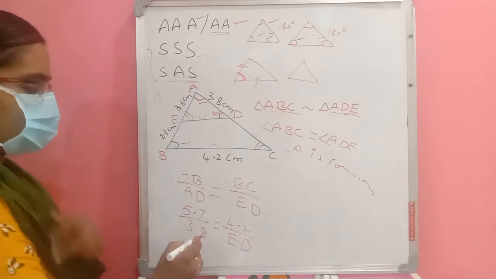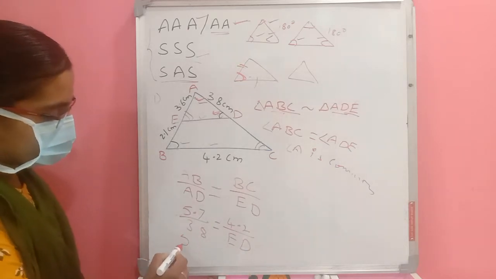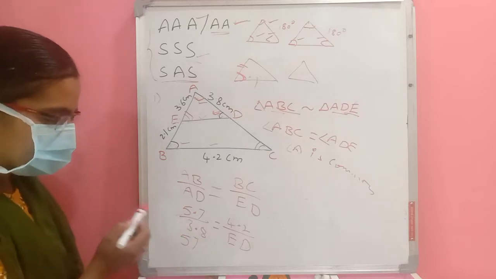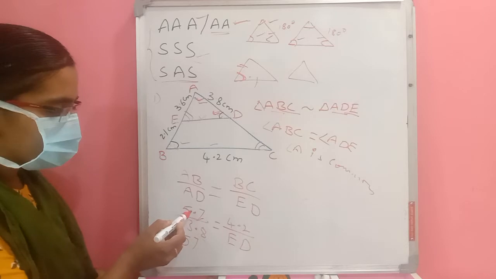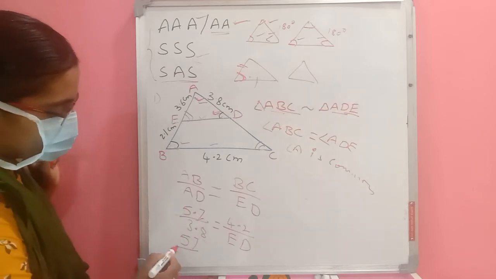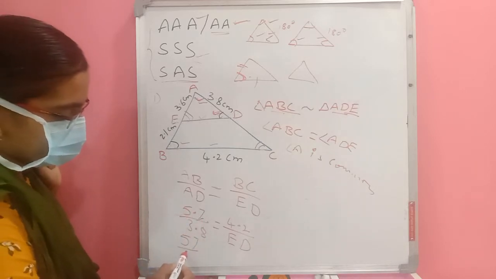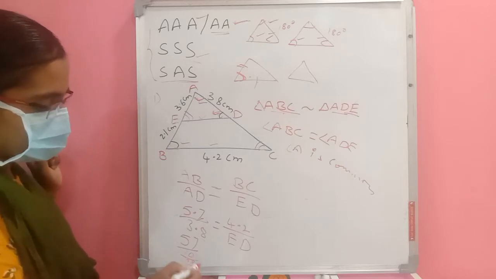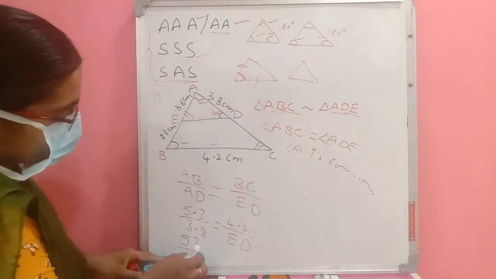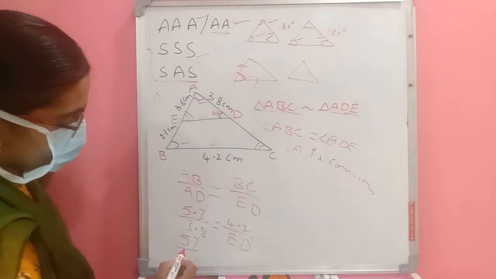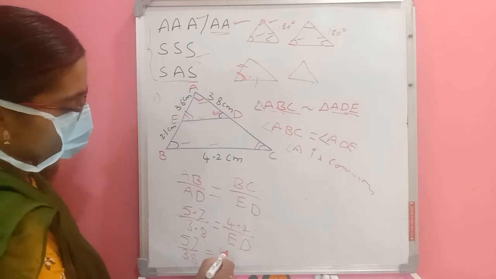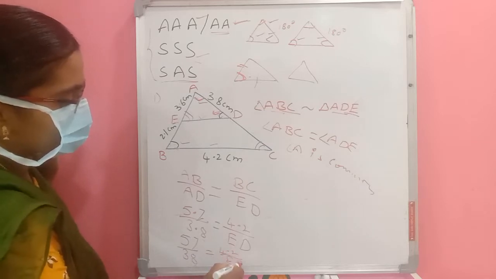So, if you remove this point, in the denominator we have one digit after the point, and in the numerator also one digit after the point. Then 5.7 means 57 by 10 and 3.8 means 38 by 10. Then this 10 gets cancelled. Then we get 57 by 38 is equal to 4.2 by ED.